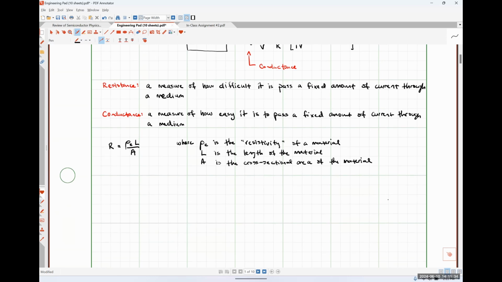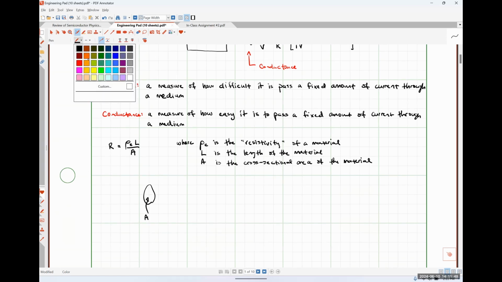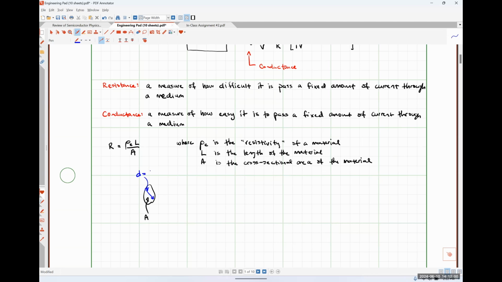Okay. So let's say that I have a wire and it's going to have a circular cross section where the diameter of this wire is 1.024 millimeters.